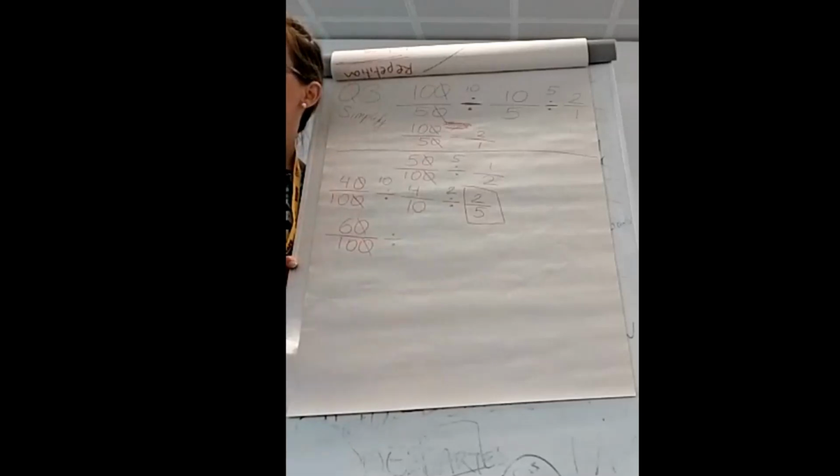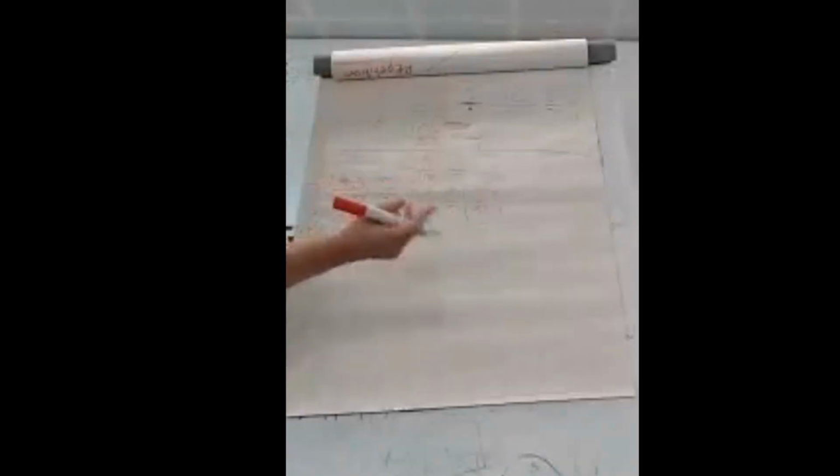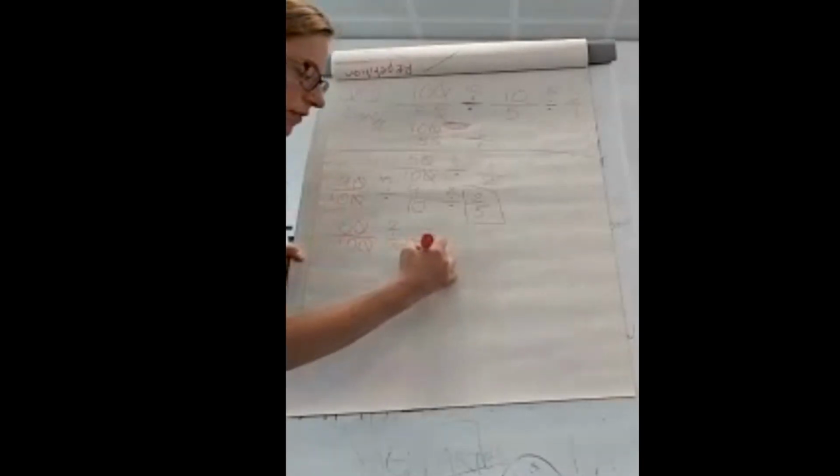We can try 2, and if we decide we can do another divided by something, then we can do it again, because we can have it in long steps, small steps, it's all fine. Okay, let's try 2. 6 divided by 2 is 3. 10 divided by 2 is 5. Okay.